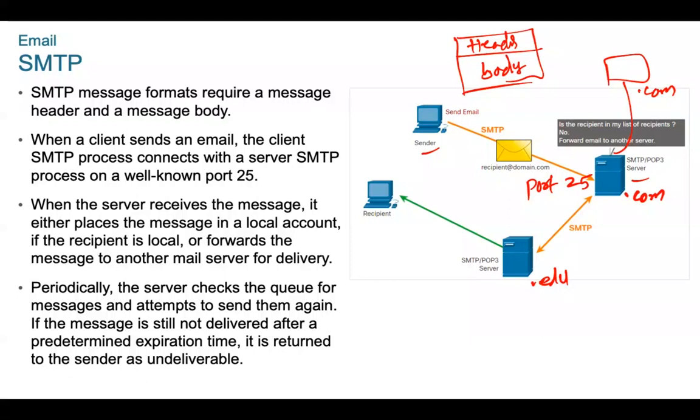The destination email server may not be online or may be busy when email messages are sent. Therefore, the SMTP protocol spools the messages to be sent at a later time. Periodically the server checks the queue for messages and attempts to send them again. If the message is still not delivered after a predetermined expiration time, it returns to the sender as undelivered.